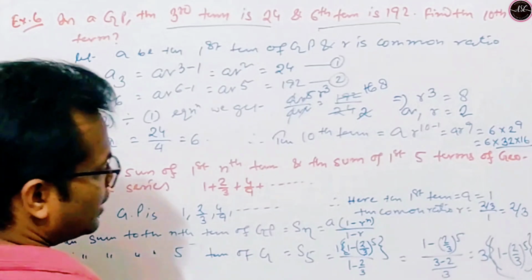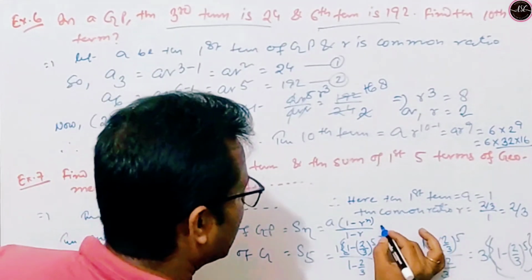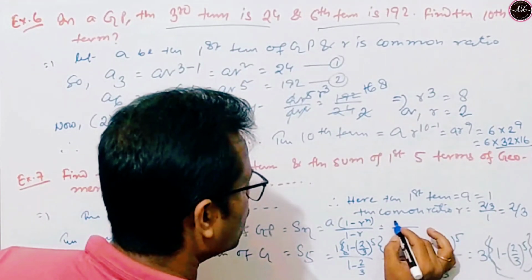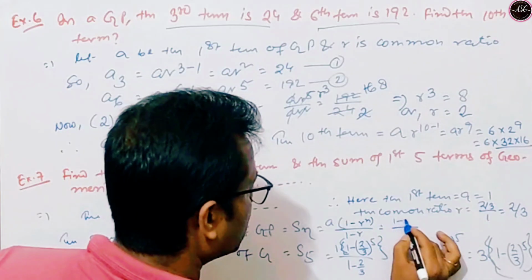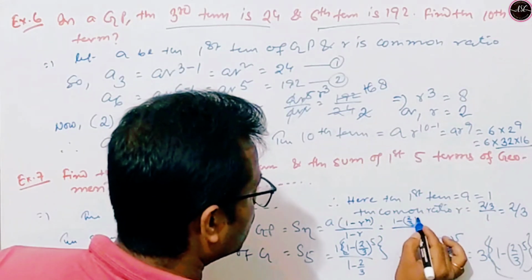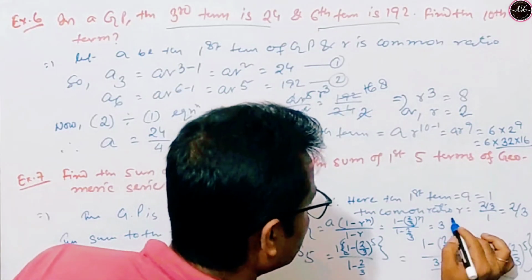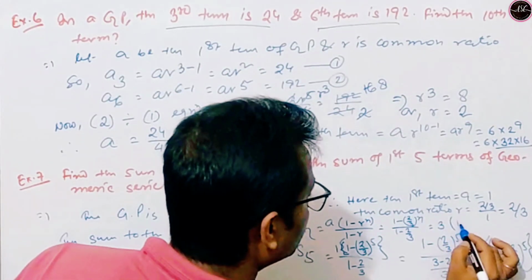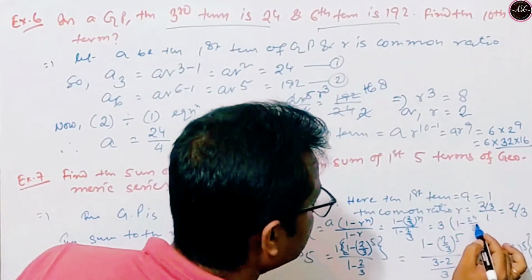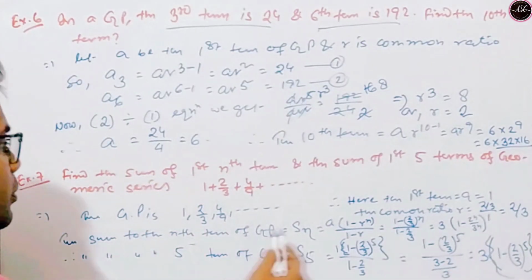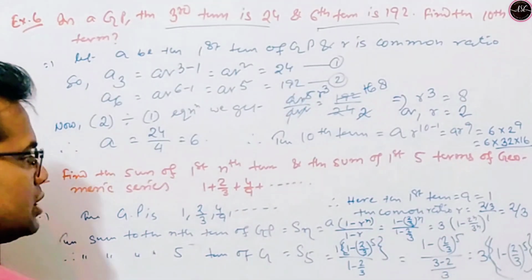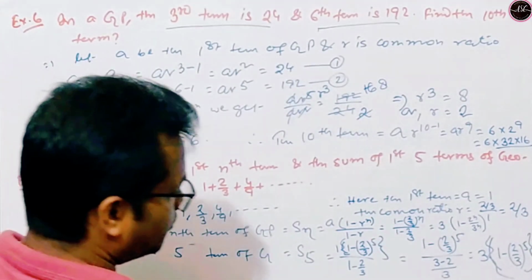Okay. And for the nth term, just putting here the value of a and r. So the value of a equals 1 and r equals 2 by 3, so 1 minus (2 by 3) to the power n, divided by 1 minus 2 by 3. So 3 into (3 to the power n minus 2 to the power n) divided by 3 to the power n. That will be the sum of the nth term, and this will be the sum of the first 5 terms.